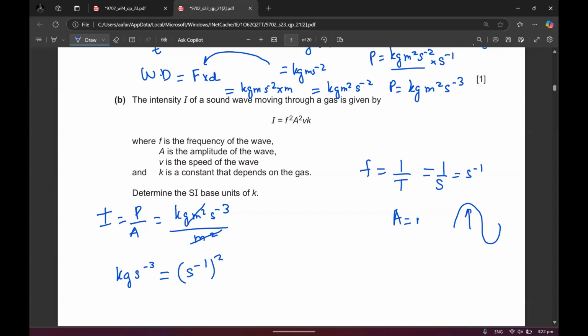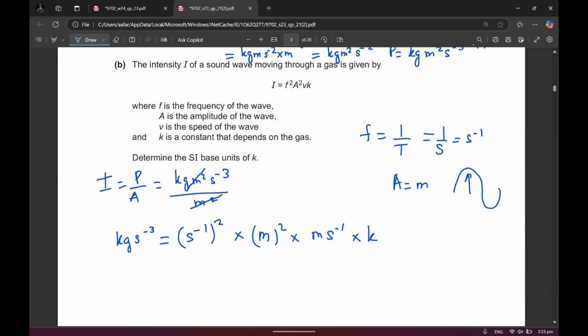So we can say amplitude is in meters. So into amplitude square, meter square, into velocity, it is meter per second, and into k. Now we just need to simplify this.